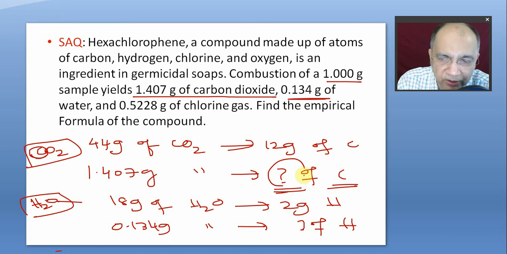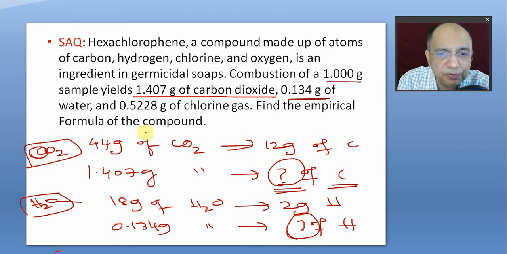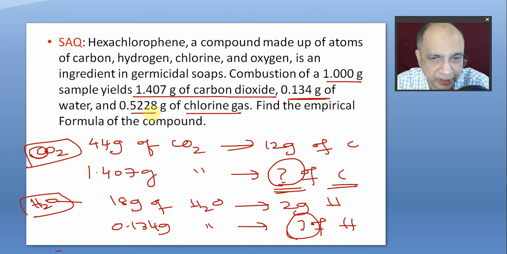So the mass of hydrogen is known, the mass of carbon is known, and the mass of chlorine is known because there is no compound, it is a pure element. So 1 gram contains this much carbon, this much hydrogen, and this much chlorine. So you can convert it to 100.